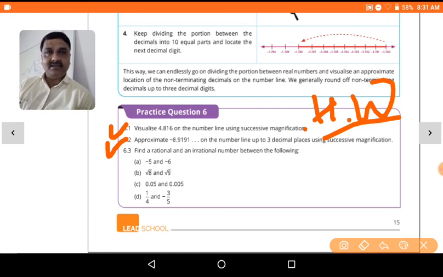If you have the NCERT book, you can also directly see that concept from the NCERT book, and whatever examples are given, you can also write down in your fair book. Is it understood what I am saying? Whatever things I explained today for the successive magnifications method, you have to read carefully from your supplementary book as well as from your NCERT book, and then perform these two questions 6.1 and 6.2 in your fair book, and send it as today's homework. I hope that you understood these concepts well, and if you have any doubts, you can ask me.